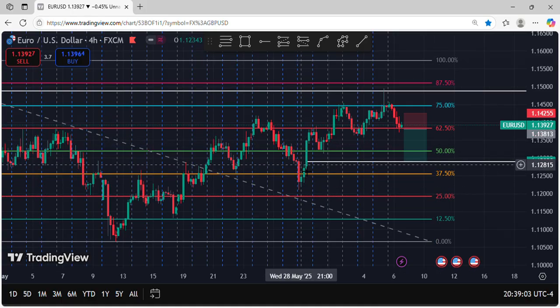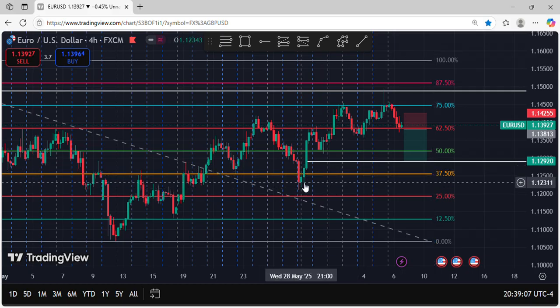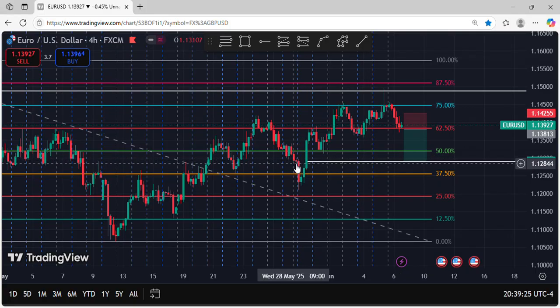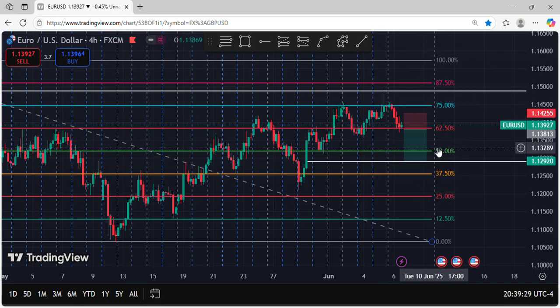And the thing is, we could actually even go lower into the 37.5 because there's a gap here at the 37.5 level. But at least I want to see price get to this level where we have this order block which aligns with the fair value gap, and even that gives us a 1:2 trade.